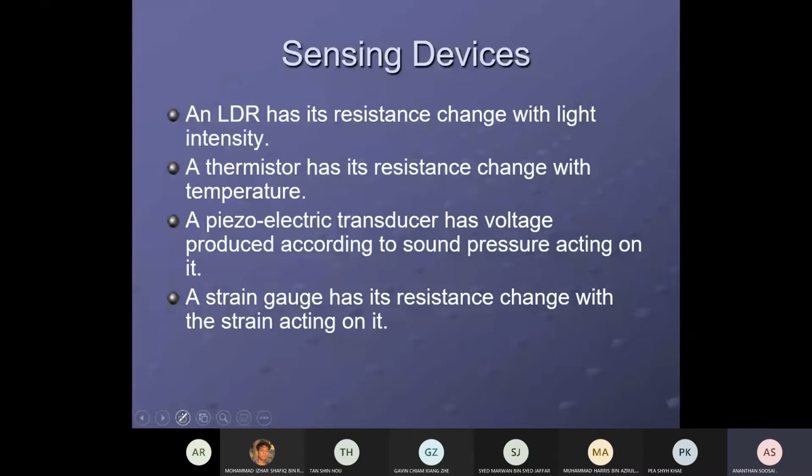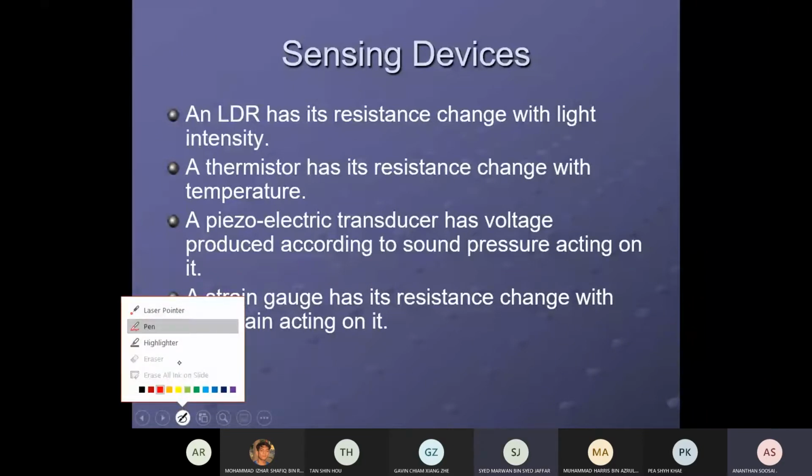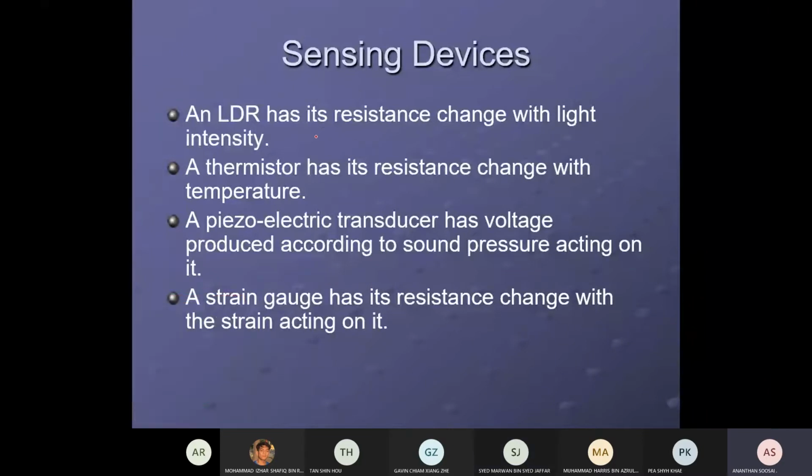LDR senses light. When light intensity increases, what happens to the resistance of the LDR? It decreases. Light intensity increases, resistance decreases, voltage across the LDR increases.